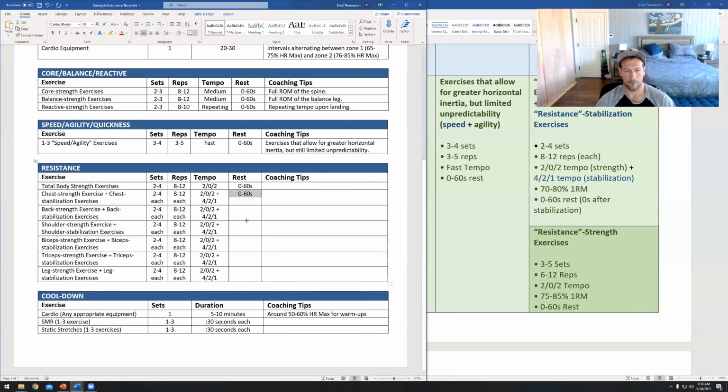Okay, but our volume has changed. We went from 2 to 4 sets to 3 to 5 sets. So that is going to be 3 to 5 for everything. And our reps have gone down. We went from 8 to 12 reps to 6 to 12.